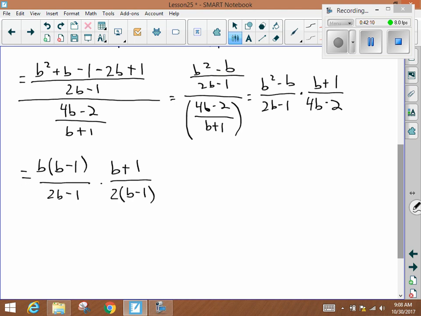Yes. So guys, these are going to cancel, right? So I wind up with b squared plus b over 4b minus 2. And I think that's as far as we can go, right?